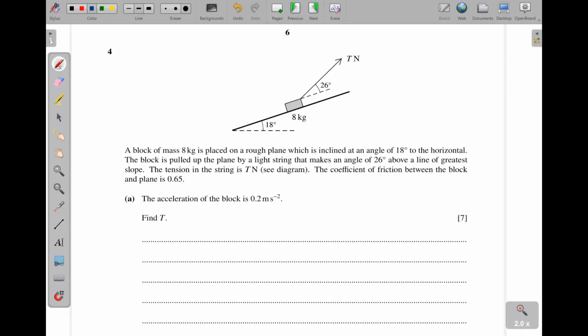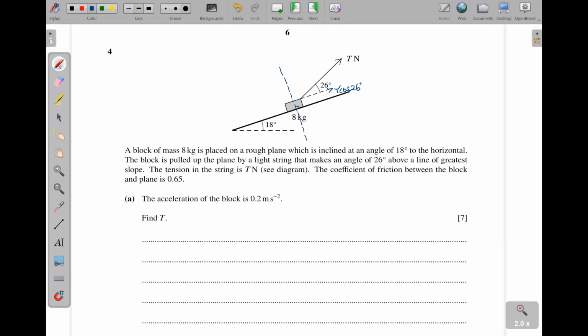Now, we need to resolve the forces. Closing this T here gives us a cosine, so I will have T cosine of 26. Then we also have the direction perpendicular to the plane.